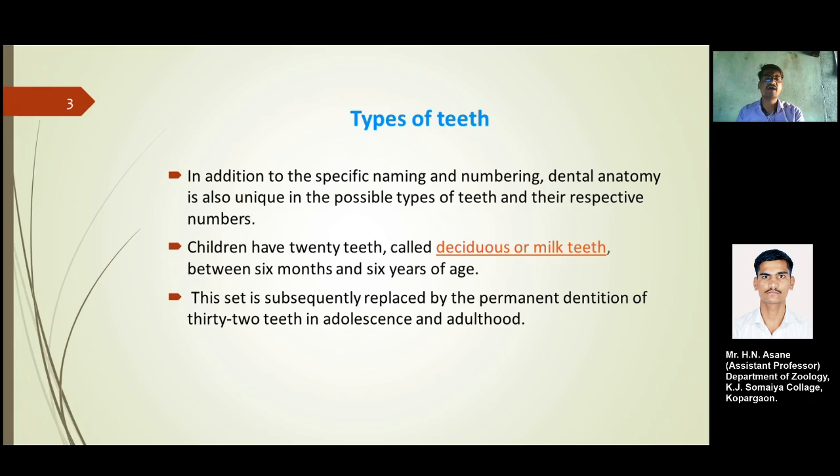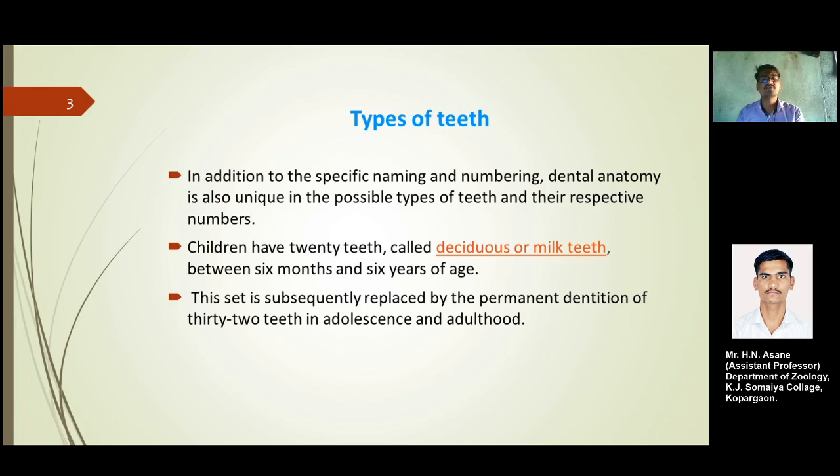Children have 20 teeth, called the deciduous or milk teeth, as I mentioned earlier. Between 6 months and 6 years of age, the first teeth grow at the 6th month of the child, and the deciduous teeth last for 6 years.